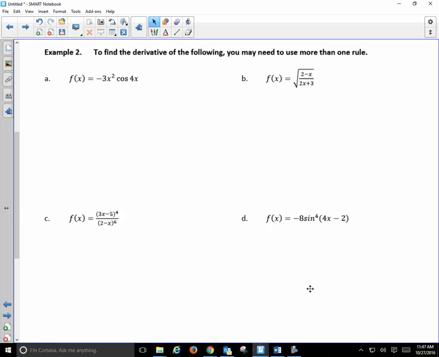Which will I do first? I divide, and then whatever I get, I take the square root, correct? So since the square root is the last thing that you do, that is the outermost structure of your derivative. So the square root requires the use of the chain rule.